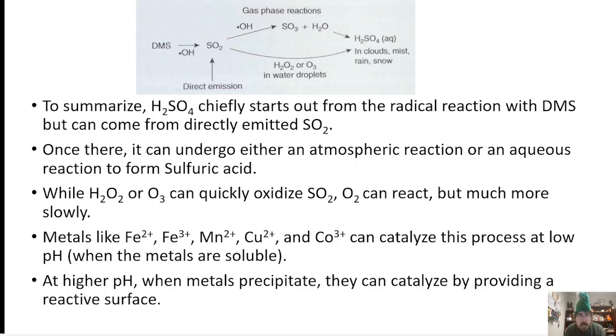If the sulfur dioxide dissolves into water droplets, it can react with hydrogen peroxide or ozone to form sulfuric acid in the presence of clouds, mist, rain, or snow. Either way, we're forming sulfuric acid.